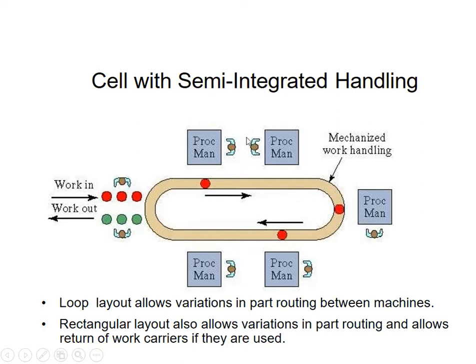This can be operated sequentially or in a loop layout in such a way that the variations in part routing between the machines will be managed. Even a rectangular layout allows variations in part routing and allows the return of work carriers if they are used.